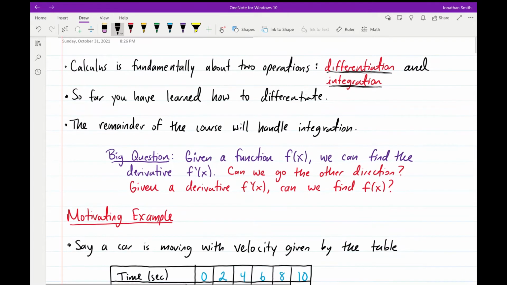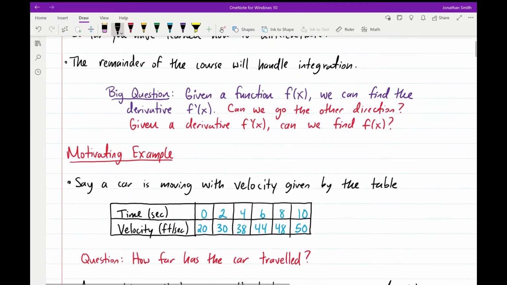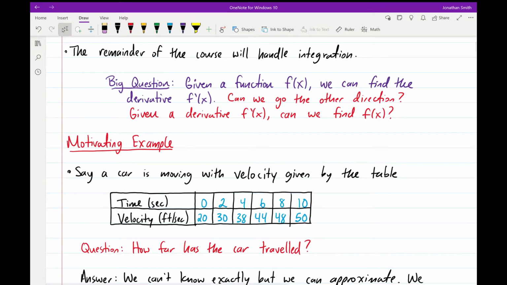Here's the big question to be thinking about as we get going with integration. If we have a function f of x, then we found out in the previous chapters that we can find the derivative of f of x, which we called f prime of x. But a natural question to ask is, if we start with the derivative instead, is it possible for us to go the other direction?